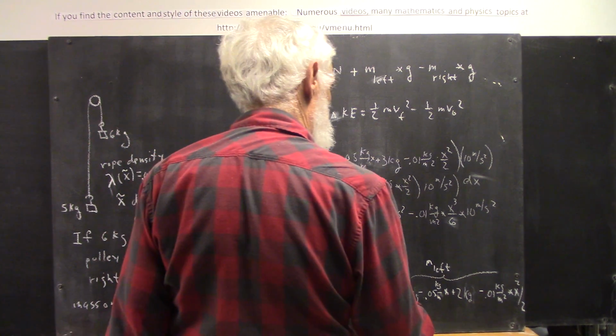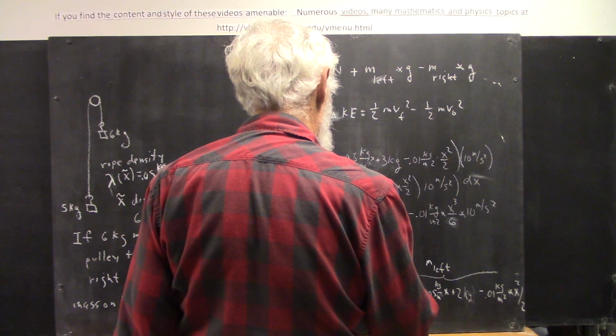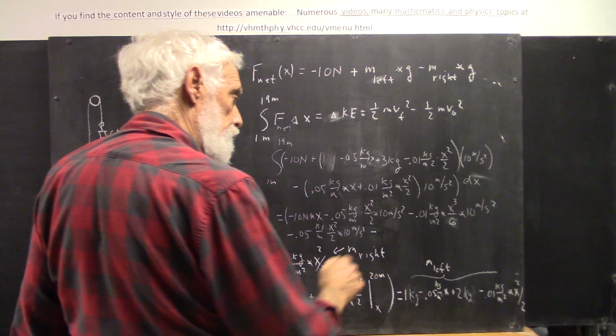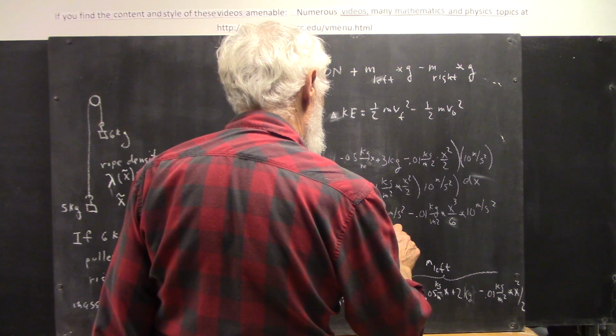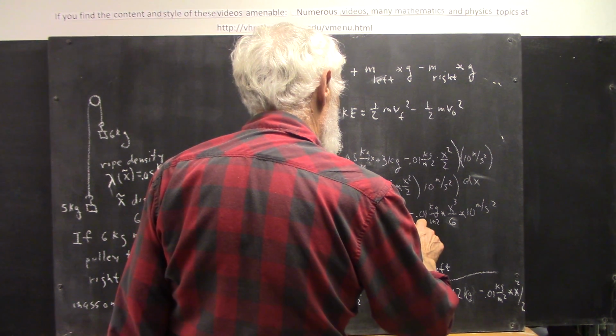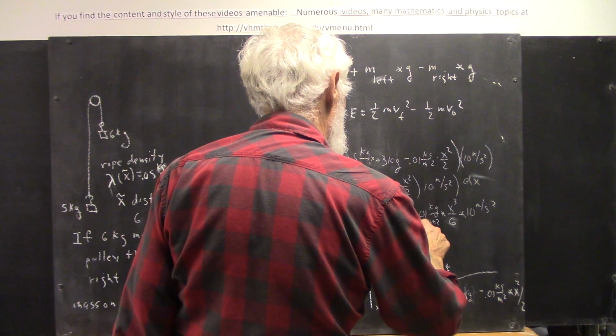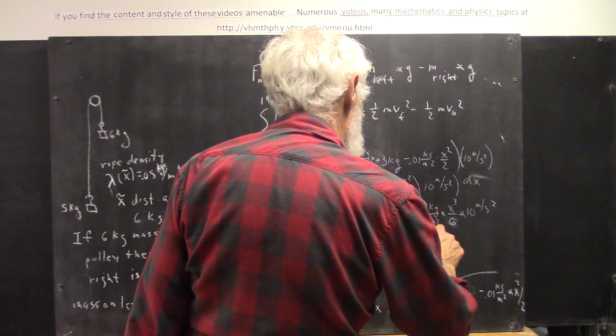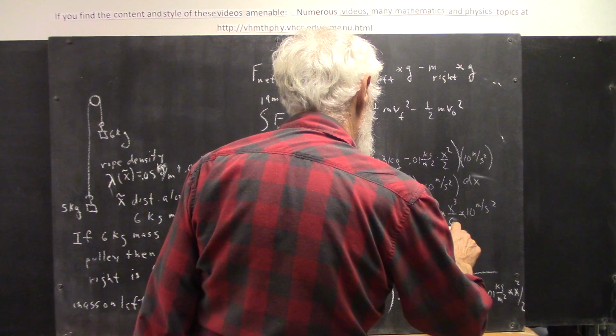And then it's going to be plus, well, minus, because we're distributing the minus 0.01 kilogram per meter squared times x cubed over 6 times 10 meters per second squared.